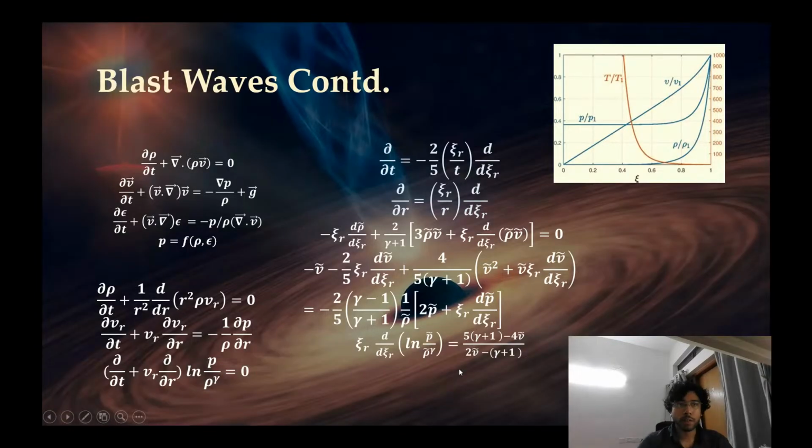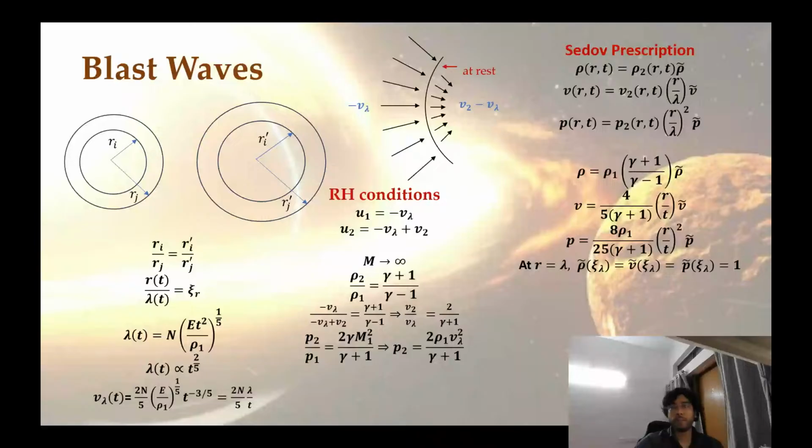Okay, so before we continue, we want to express these densities, velocities, and pressure like this. We'll see why this relation will give us a useful expression in the next slide.